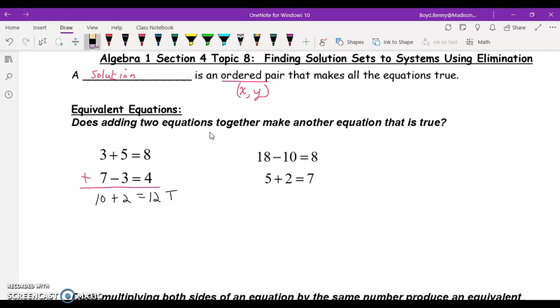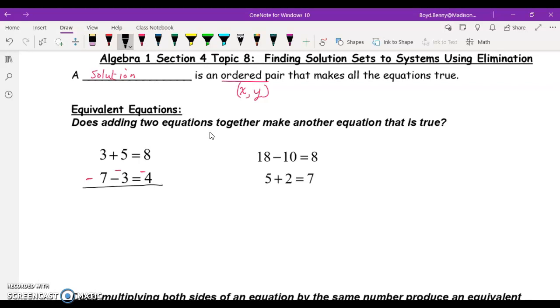Let's take a look and see what happens if we subtract. Does it work the same if we subtract two equations? Okay, so if I'm going to subtract, I need to subtract each term, like when I added each term as well.